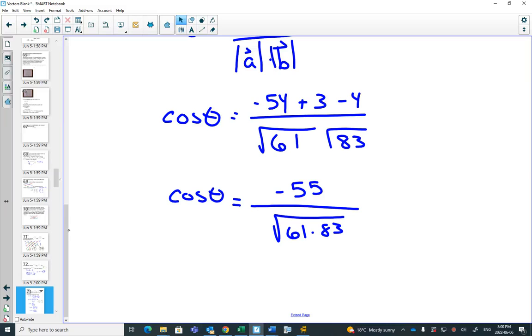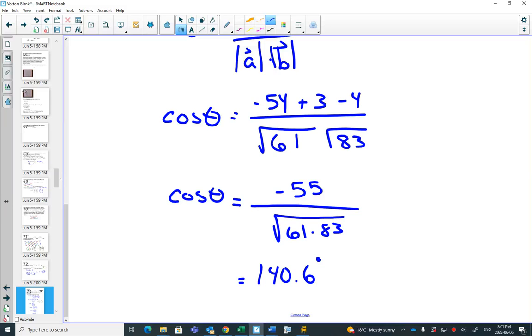And cos inverse of, now if you do cos inverse of the positive angle, you will get the reference angle and then have to figure it out in quadrant 2. If you do cos inverse of a negative angle, it will give you the angle in quadrant 2. 61 times 83. 140.6 degrees.